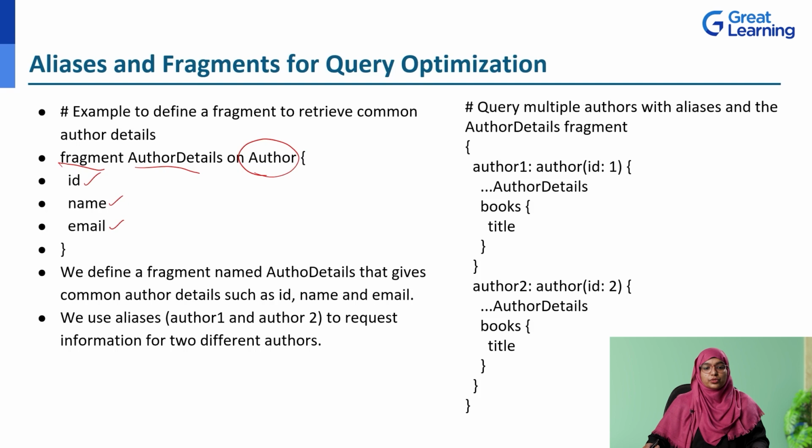So we use aliases author1 and author2 to request information for two different authors. Like here you can see in the next example, you have used aliases for bringing out author1 and author2 details. So with the help of your fragments and aliases, you will be able to have your query optimizations done and avoid conflicts, as well as help with code readability. So that's about your aliases and your fragments.